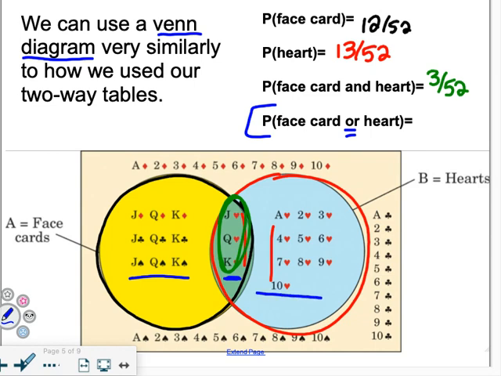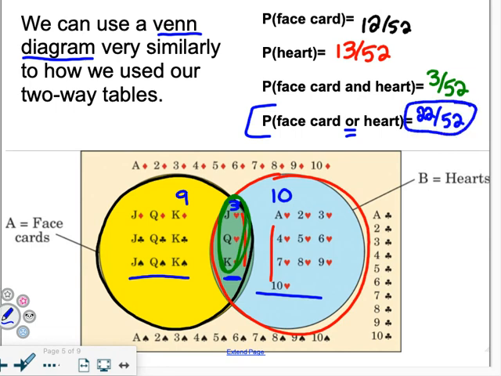So if we deal with face cards that are not hearts, there are 9 of them. 3 cards are both a face card and a heart, and 10 cards are just a heart. If we add those values up, we get 22 out of 52.